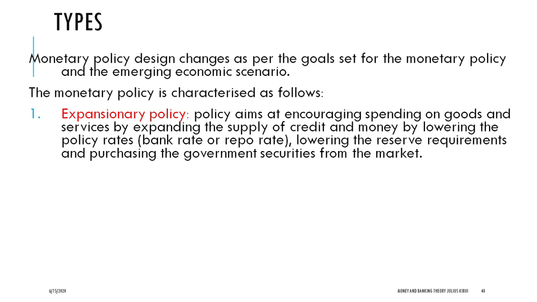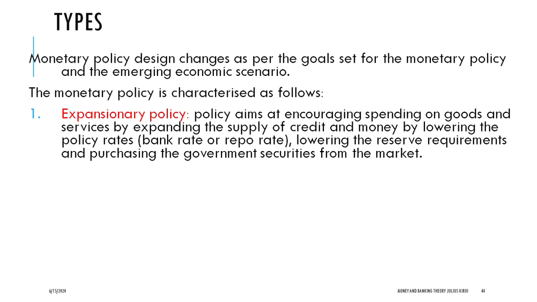A policy aimed at encouraging spending on goods and services by expanding the supply of credit and money, by lowering the policy rates, bank rate and repo rates, lowering the reserve requirement and purchasing government securities from the market. Remember, expansionary policy will help create jobs in an economy and stabilize the prices.